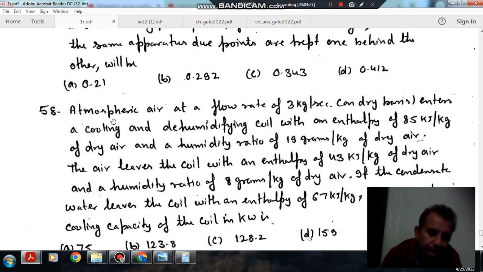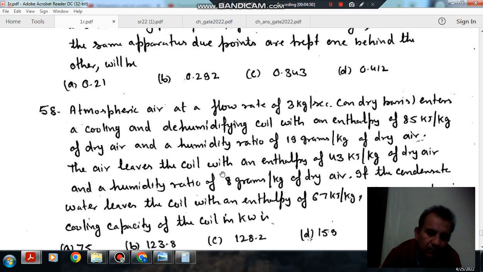Okay. Next, atmospheric air at a flow rate of 3 kg per second on dry basis enters a cooling and dehumidifying coil with an enthalpy of 85 kJ per kilogram of dry air and humidity ratio of 19 gram per kilogram of dry air.